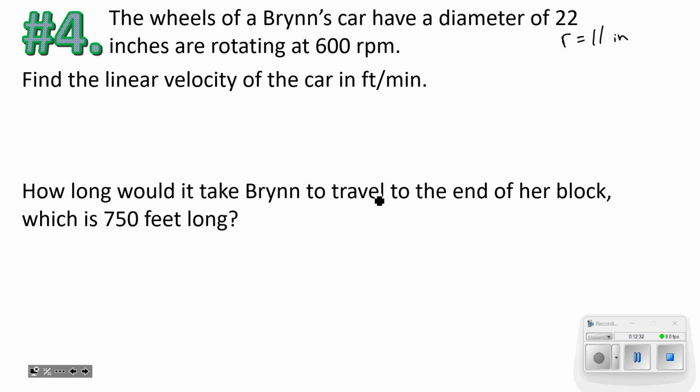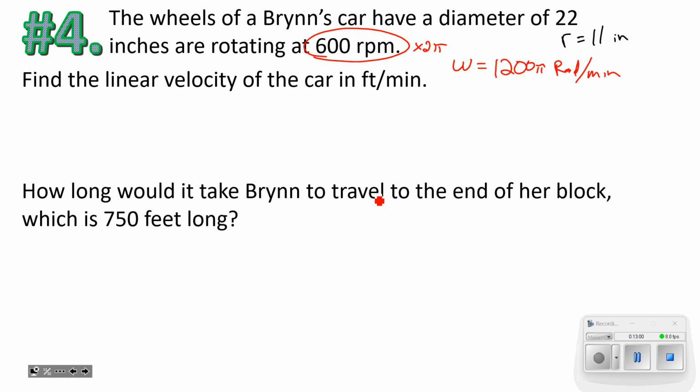So right away I know this is angular and linear velocity for sure. It's also asking me to find the linear velocity. The first thing, again, with all these radian type application problems, is it has to be converted into radians. 600 revolutions per minute, I need to multiply by 2 pi to get my angular velocity, 1200 pi radians per minute.